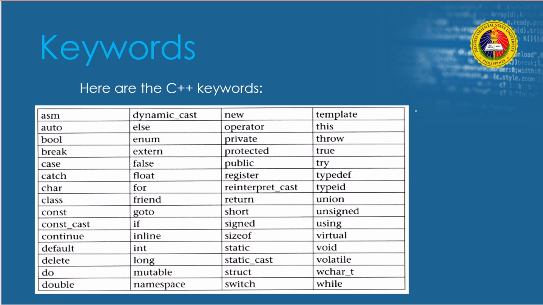These keywords cannot be used as identifier. So we can still use them for any other purposes. Let's say you want to add text, you want to print out text, we can still use words like template and throw. The only thing that we cannot use them for is our identifiers.